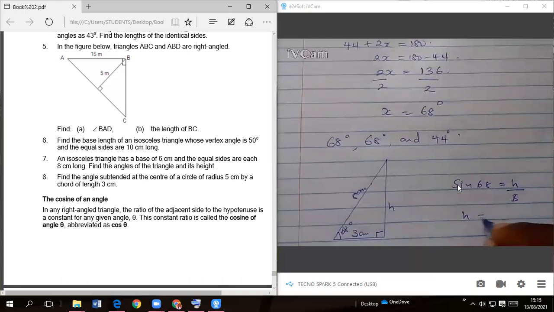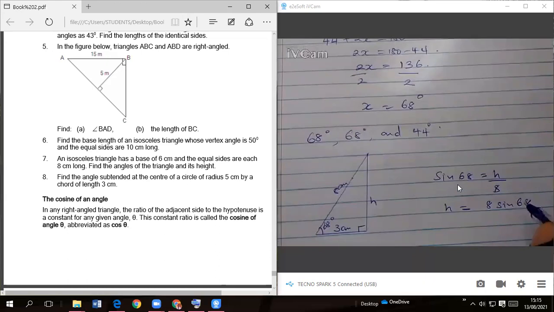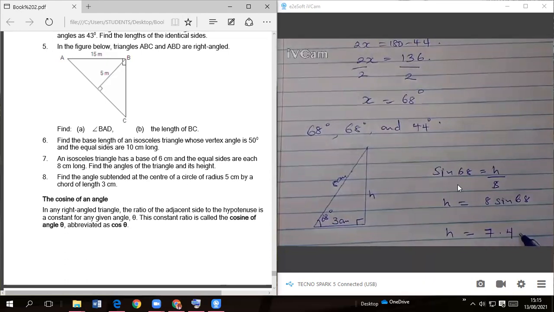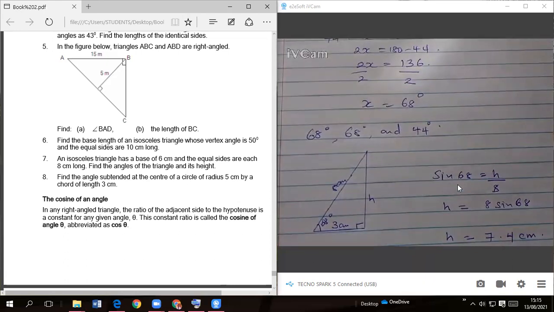So my h will be 8 sine 68, you get 7.4 centimeters. And that is the answer of question number 7.